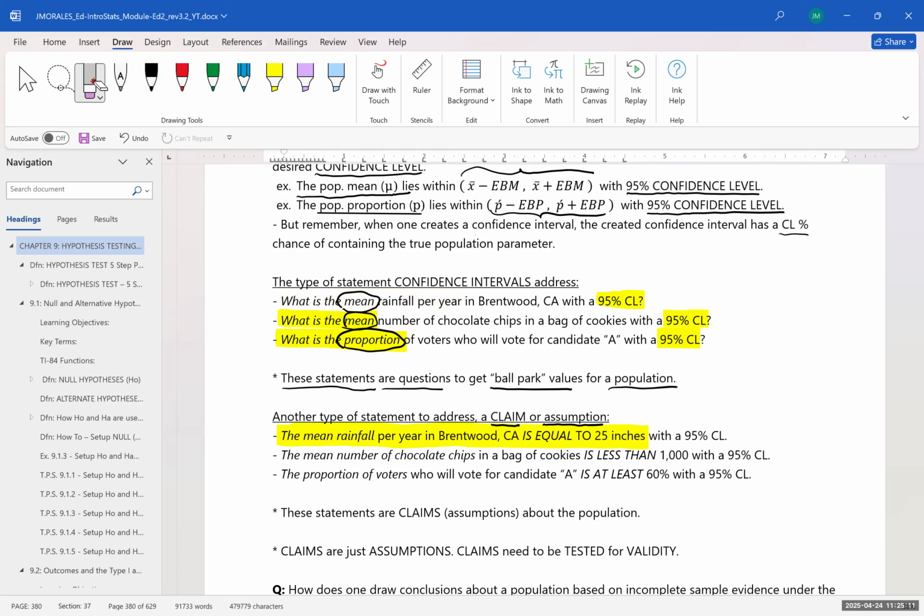Previously, we were just saying, what is the mean rainfall? We're not even giving a number. Instead, we're providing an interval or a range of values that it is. Here, we're making a claim that the mean rainfall per year is exactly 25 inches. Okay, that's a different approach.